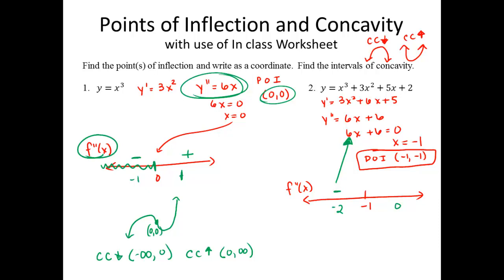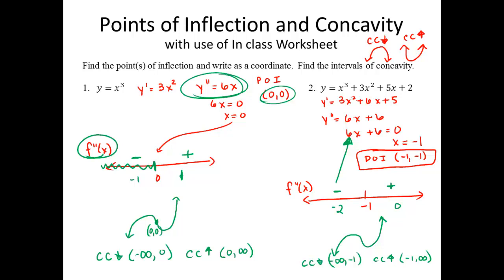And when I put a 0 into the second derivative, I get a positive value, which means that on this side of -1 it's concave down, and on that side of -1 it's concave up. So I get, again, a very similar picture. To write my intervals of concavity, I'm concave down from -infinity to -1, and concave up from -1 to +infinity. So it's very much like the intervals of increase and decrease, except now I'm talking about concavity.